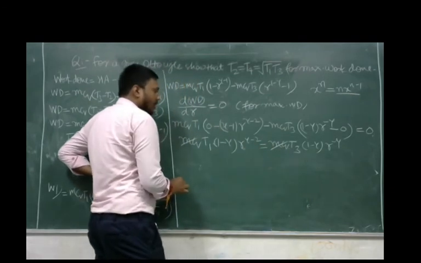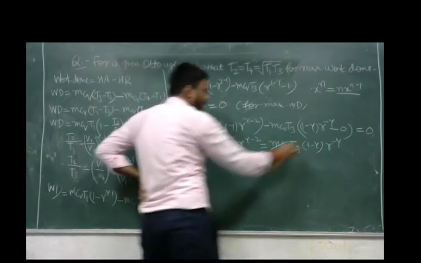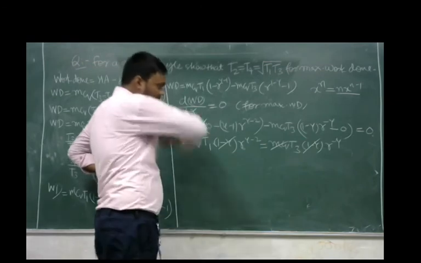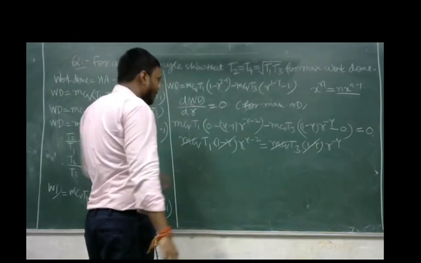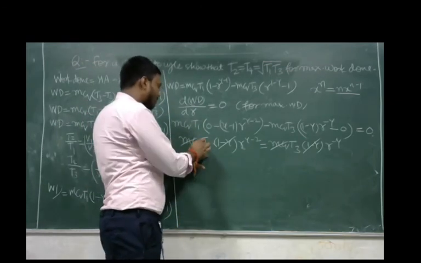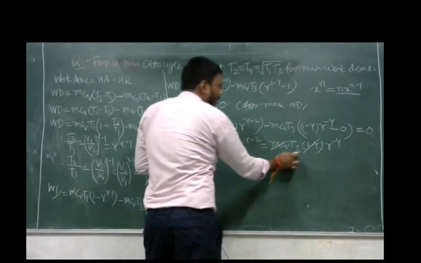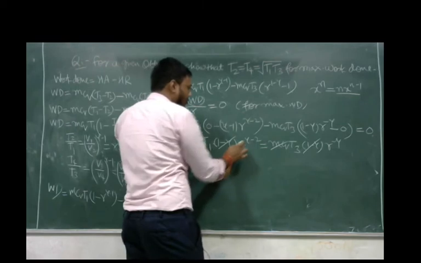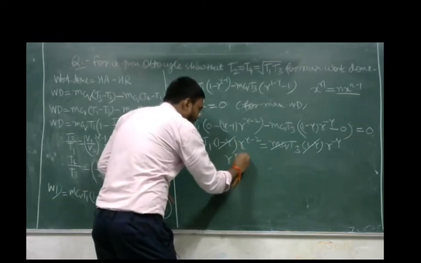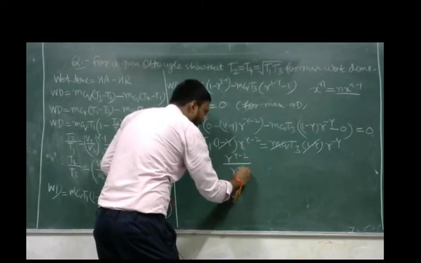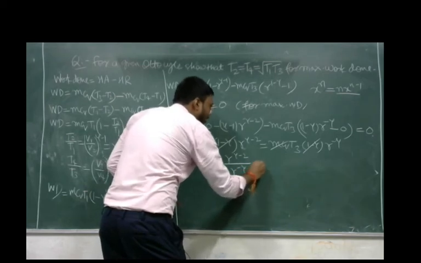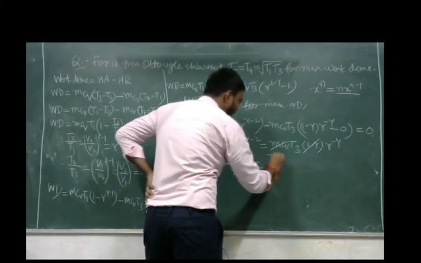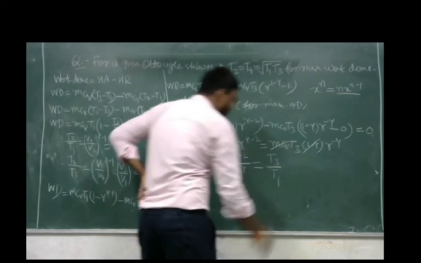And 1 minus gamma cancel out. So we get, put this T1 below T3 and this R to power minus gamma below R to power gamma minus 2. So we get R to power gamma minus 2 divided by R to power minus gamma equal to T3 by T1.